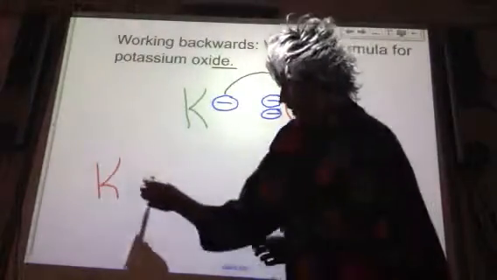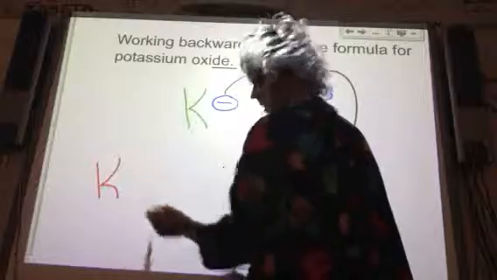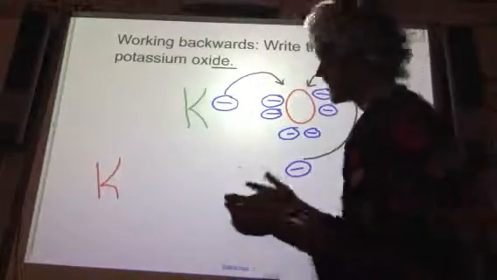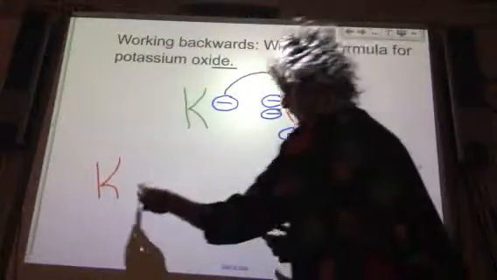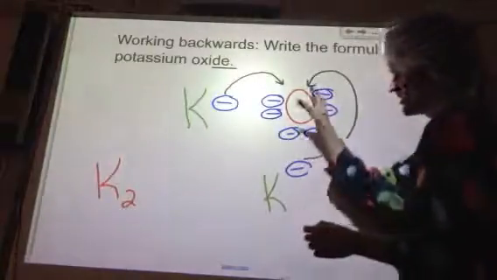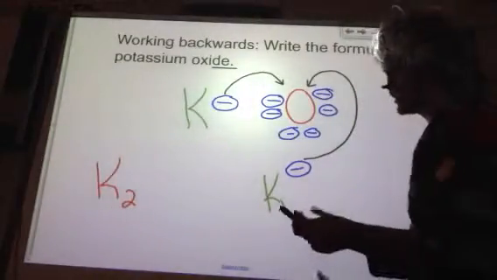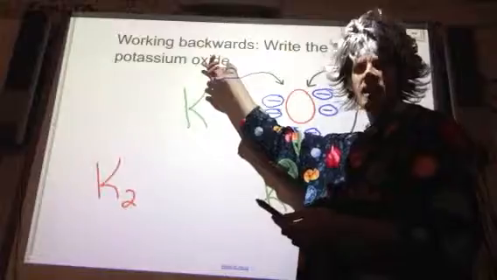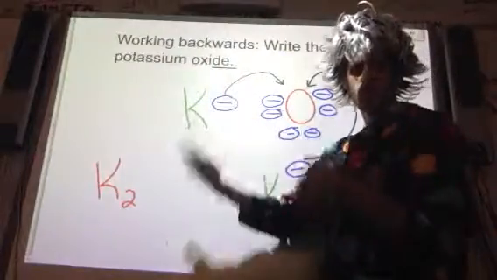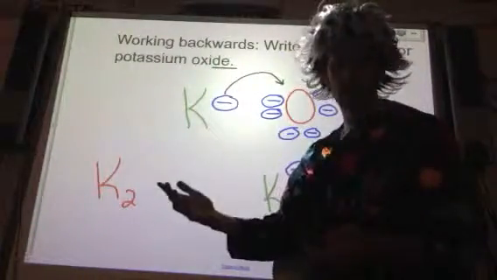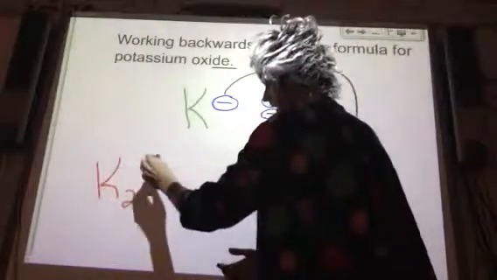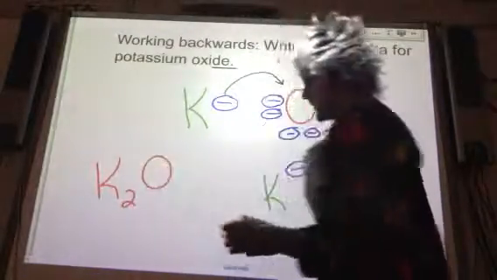Oxygen is written second because it's a non-metal. But remember, it's pronounced oxide because it's a molecule. You end it with "ide." So potassium oxide is K2O.